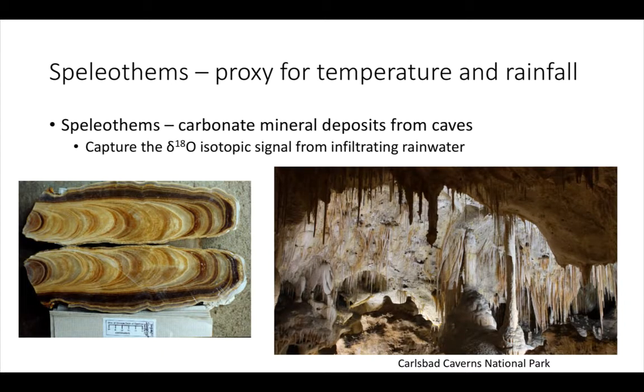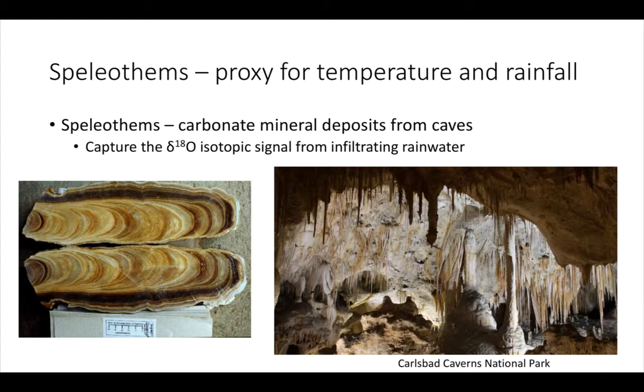So then the last proxy that I'm going to talk about for the Quaternary, Pleistocene, and Holocene are what we call speleothems. So speleothems are from caves, and they are a proxy for temperature and rainfall. So what a speleothem actually means is a carbonate mineral deposit from a cave. So it may be from a stalactite or a stalagmite.